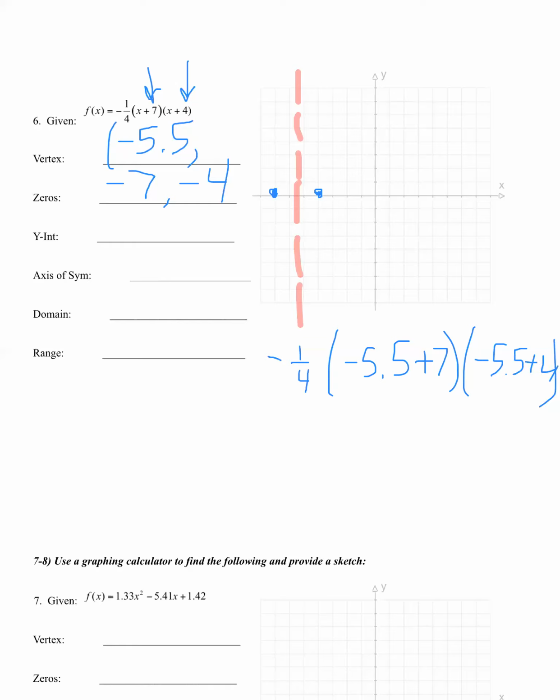Okay, so that's going to be a -1/4. That's going to be a 1.5, and then this one's going to be a -1.5. So then I'll just quickly throw that in my calculator and see what we get out.